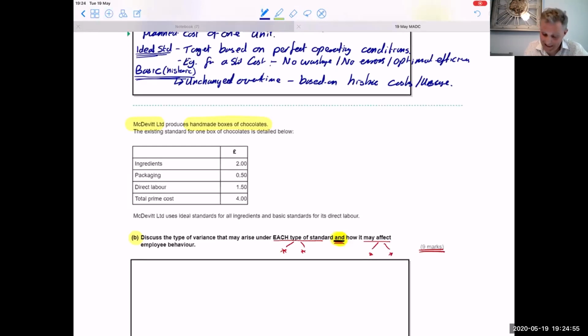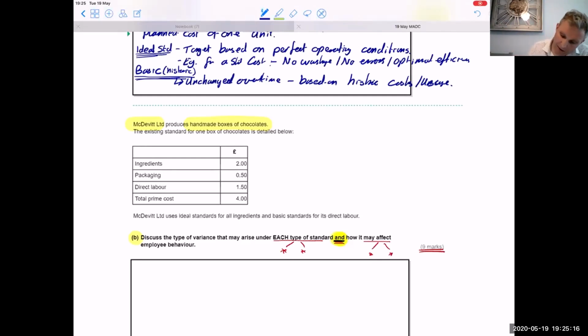So we've got this crazy situation where we're saying, well, perfect world, what would the ingredients be? If there was no wastage, we've made the best buying decisions and we bargained the best prices, how much ingredient would we need? And then labour, well, what did we do 10 years ago? Okay, let's use that as our target. So a right mismatch of different types of techniques.